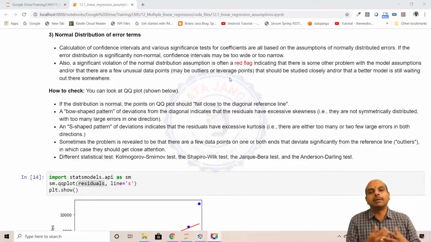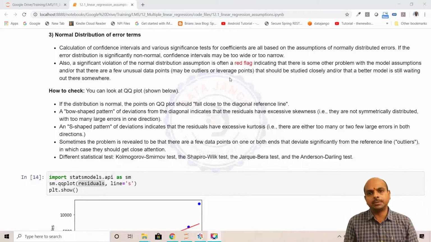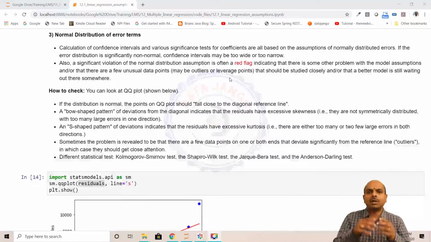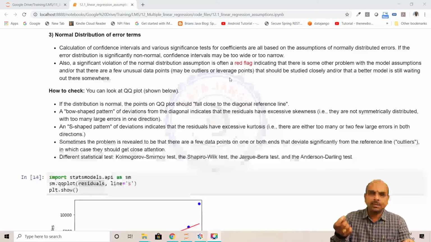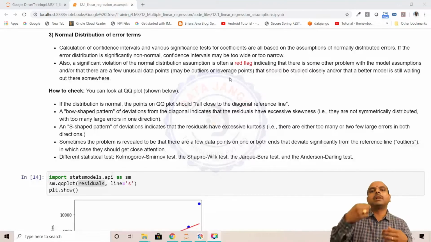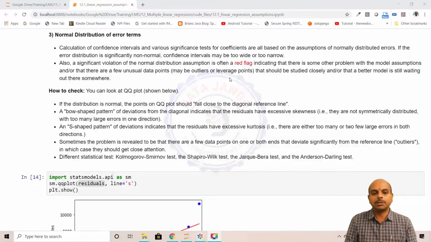If you have too many outliers or too many leverage points in the data, the error term will not form a normal distribution. In other words, if your linear equation is not satisfying the data pattern, the error terms will not form the normal distribution.